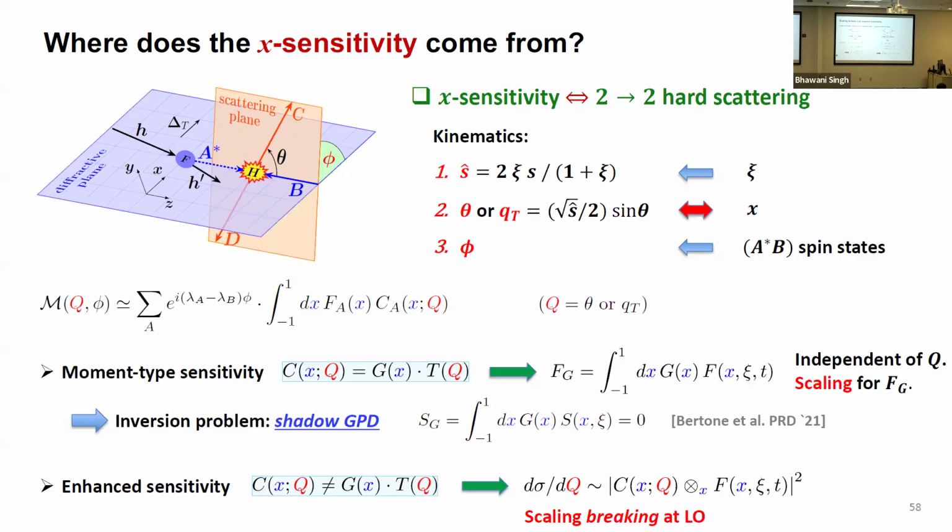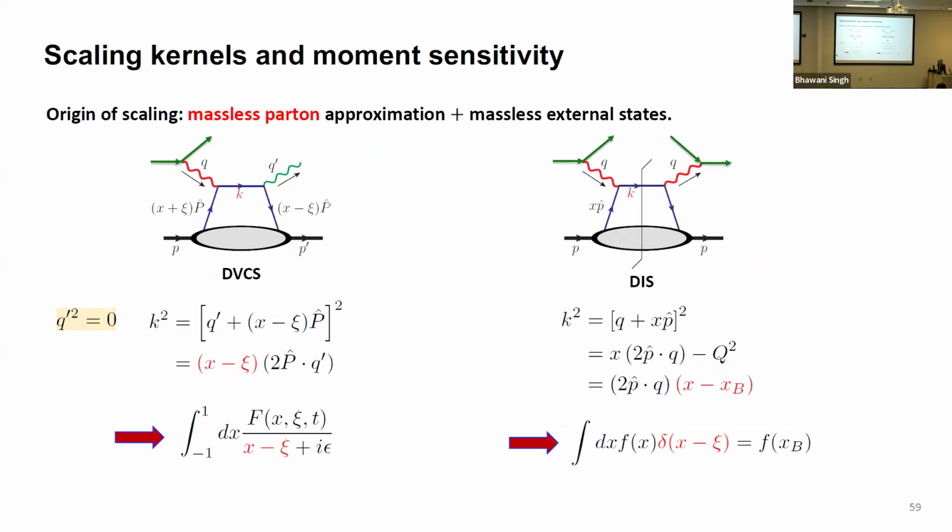And to see what I mean there, let's look at the simple example of DVCS. So why do we have scaling in DVCS? The reason is when we make approximations to obtain the factorization, we project the incoming and outgoing quarks on shell, being massless. And now we also have the external state, the real photon, being on shell.